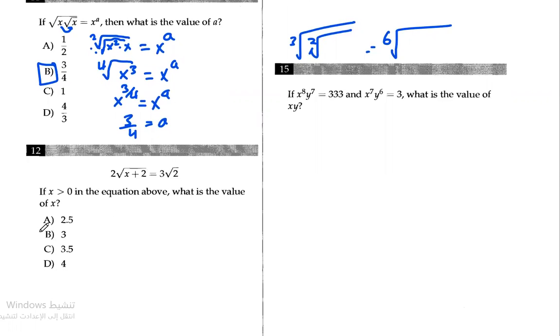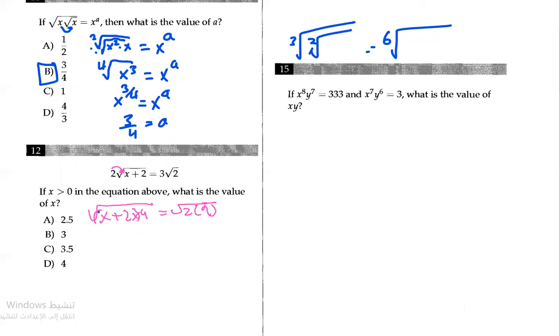Okay, so what I'm going to do is make 2 multiplied inside, so it's going to be the square root of x plus 2 multiplied by 4 equals 2. You put brackets here, multiply by 4, and here it's going to be 2 multiplied by 9.